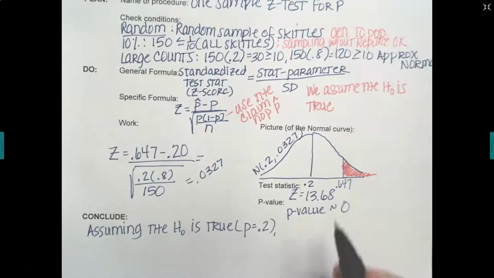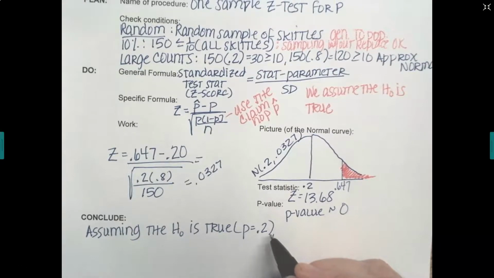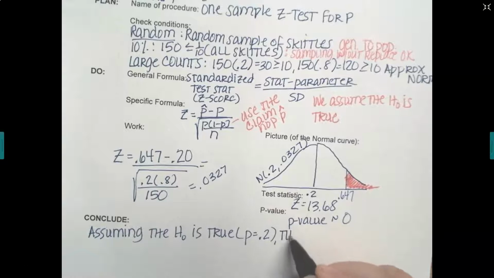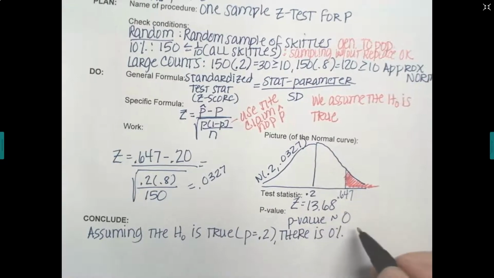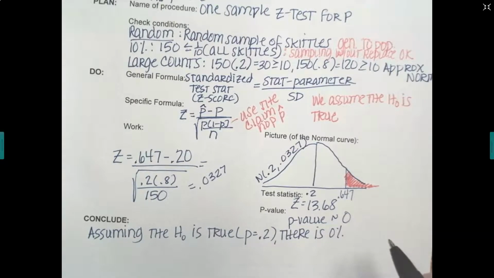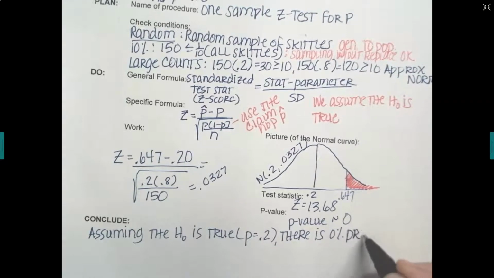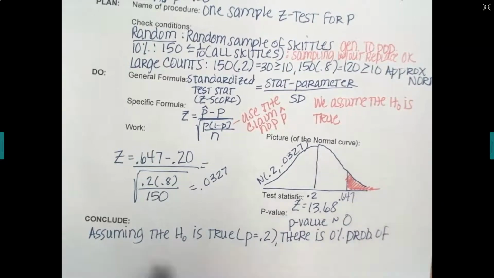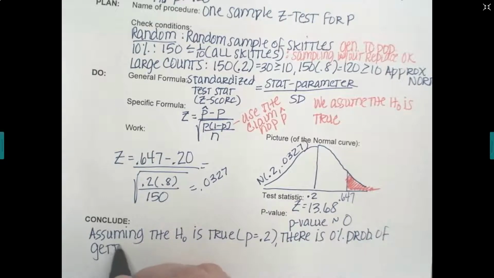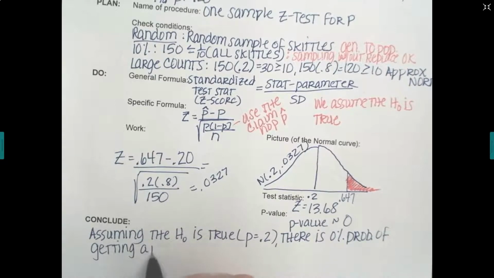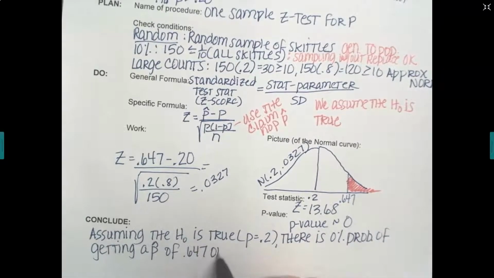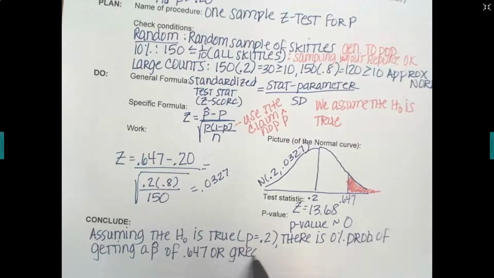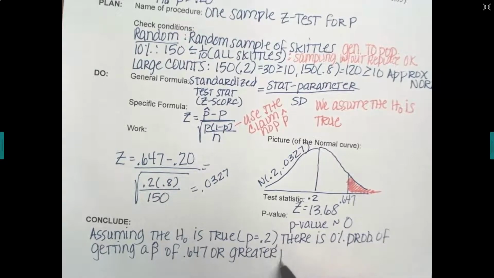Now we want to talk about what that means. If this is true, there is a 0% probability of getting a p-hat of 0.647 or greater purely by chance.